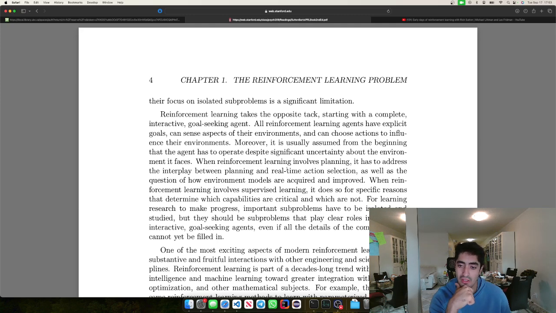Moreover, it is usually assumed from the beginning that the agent has to operate despite significant uncertainty about the environment it faces. When reinforcement learning involves planning, it has to address the interplay between planning and real-time action selection, as well as the question of where environment models come from.